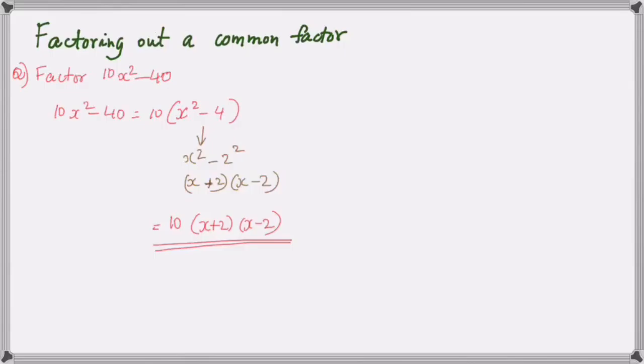So applying the same rule here, x square minus 4 can be written as x plus 2 times x minus 2, right? So 10 times this can be written as 10 times x plus 2 times x minus 2. And that is the answer.